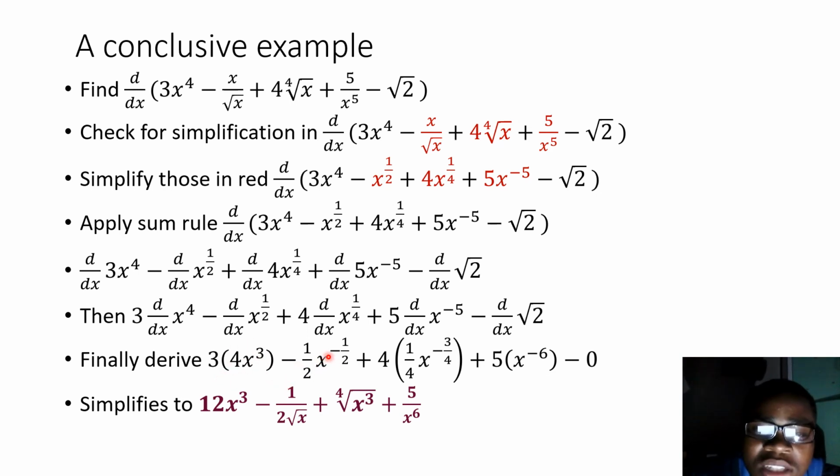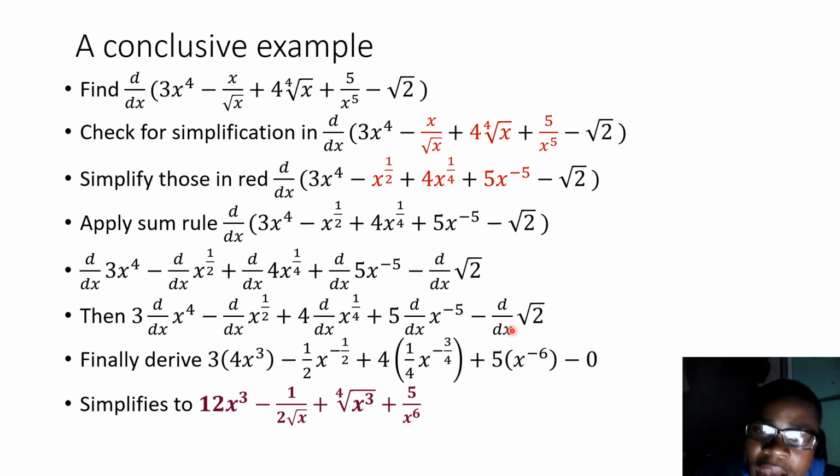Now minus, we derive x^(1/2): 1/2 multiplied by the existing coefficient, which is -1, gives -1/2, and the exponent will be 1/2 minus 1, which is -1/2. Again here we have 1/4 multiplied by the existing coefficient 1, then we multiply by 4. The exponent will be -3/4, which is 1/4 minus 1.